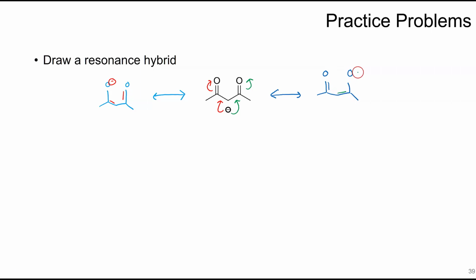So electrons here. These are both significant. The oxygens actually would rather carry the negative charge over the carbon. So we can draw the hybrid of these. So our dotted lines go here. Our partial charges will be here, and also on this carbon right here, which is where it started. So this would be the resonance hybrid for those.